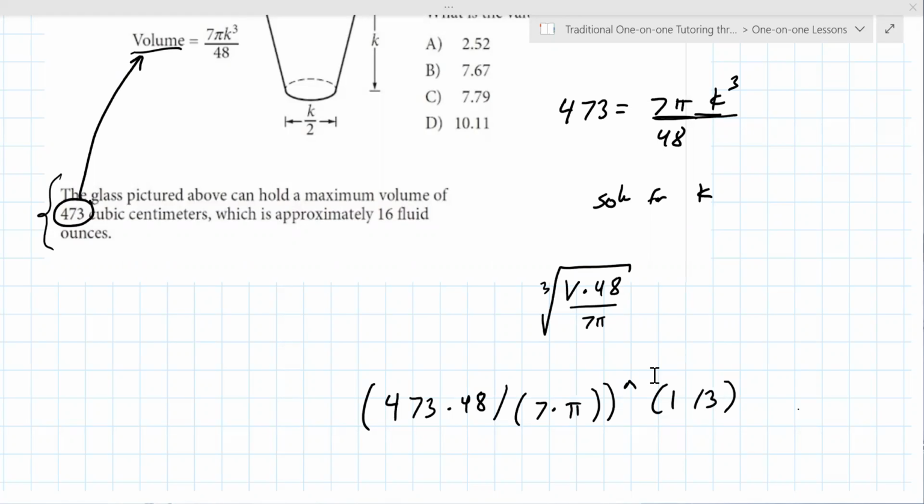Divided by. Okay, I got 10.1. Yes, so letter D.